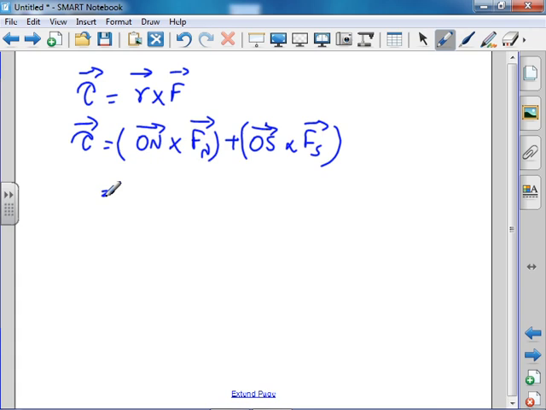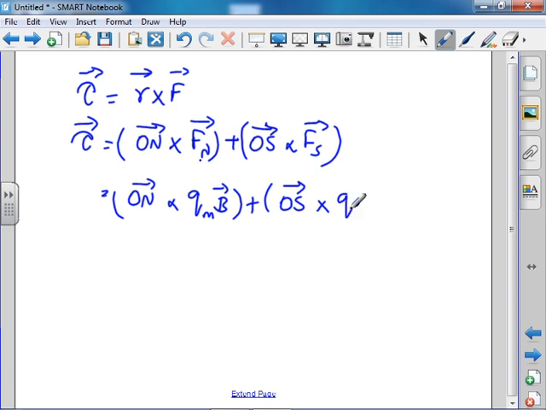Now we know the value of Fn and Fs, so substitute the values: ON vector cross Qm B vector, the magnitude of the force, plus OS vector cross minus Qm B. The negative sign indicates that the force is acting in the opposite direction to that of the magnetic field.